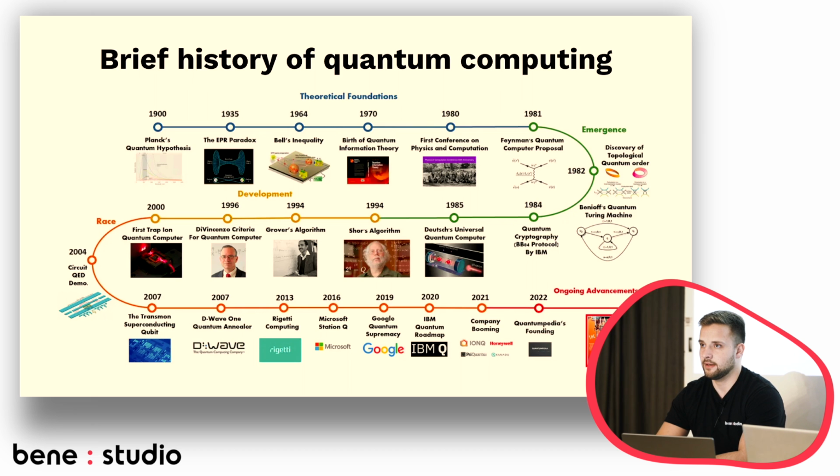In 1980, the first conference of physics and computation was held, which was a significant milestone in this field. It brought together physicists, computer scientists, and mathematicians to discuss the potential applications of quantum mechanics.